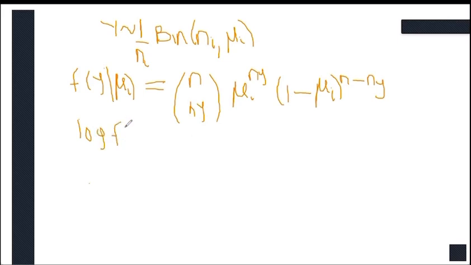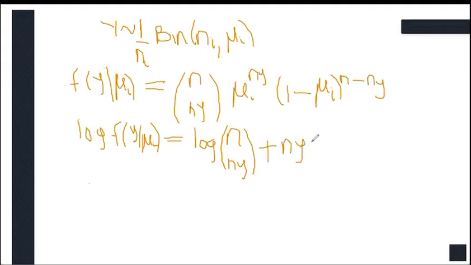So the logarithm of f of y given mu_i is going to be log of n combination ny, plus the ny comes down, and I'm going to have log mu_i, and bringing that down, n minus ny, log of 1 minus mu_i. So that's what I have right now.